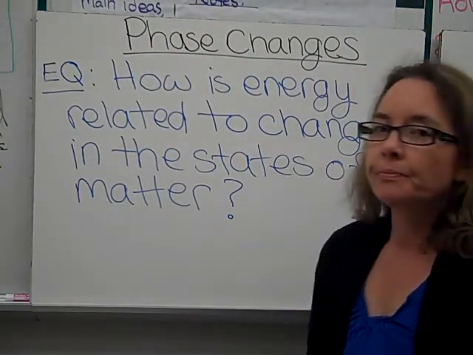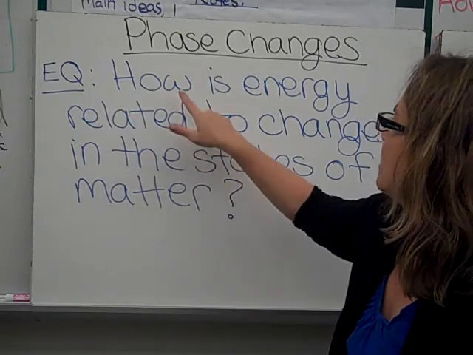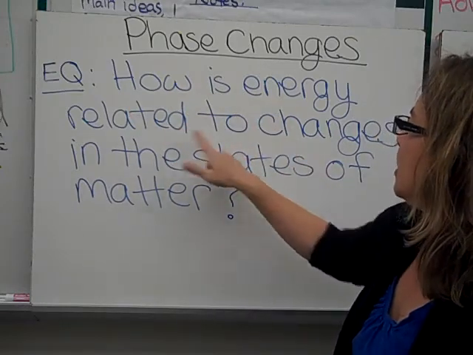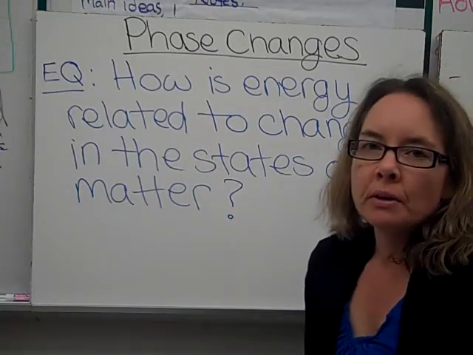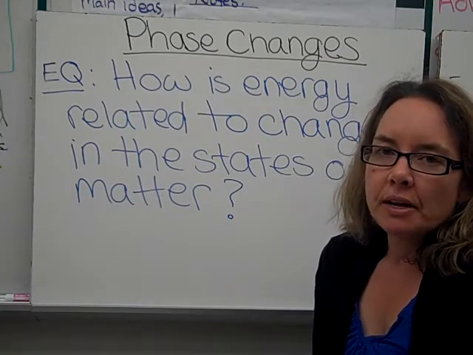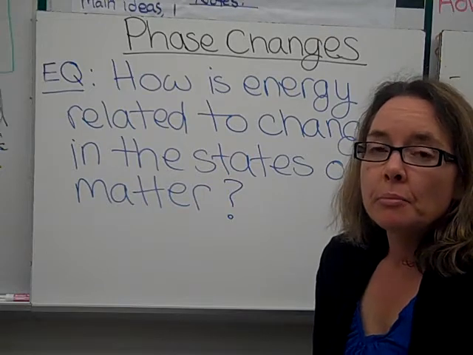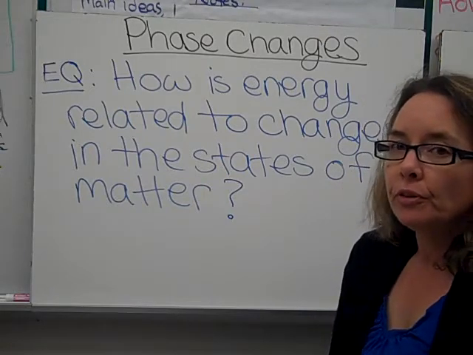Phase changes. The essential question: how is energy related to changes in the states of matter? Matter changes between states like solid, liquid, gas, because we add energy or remove energy.